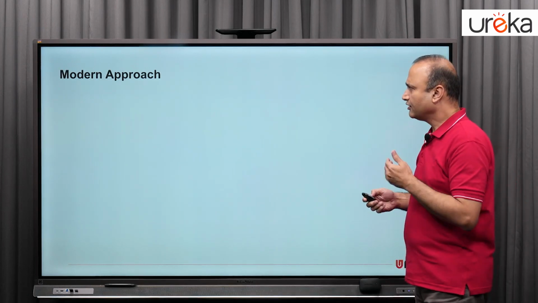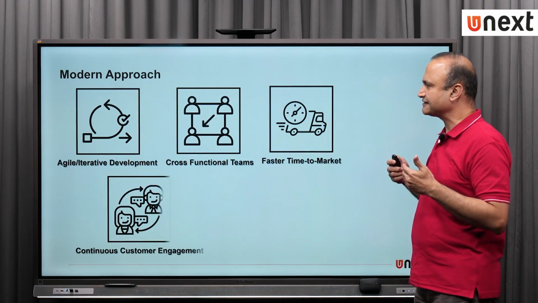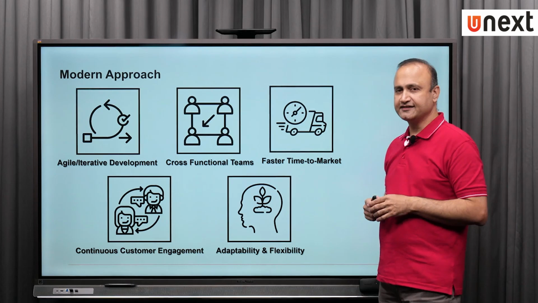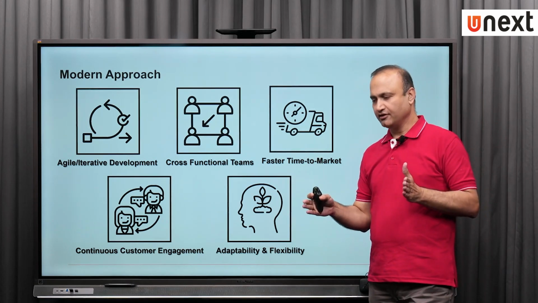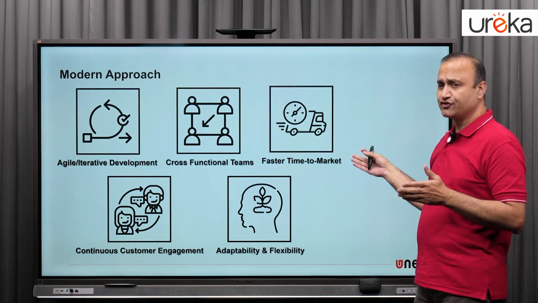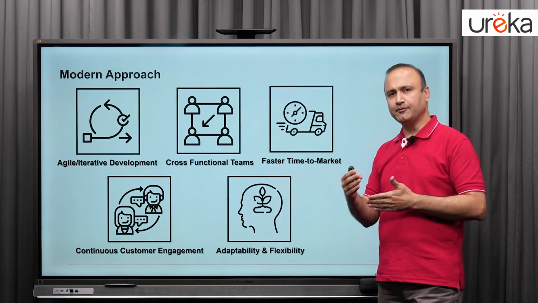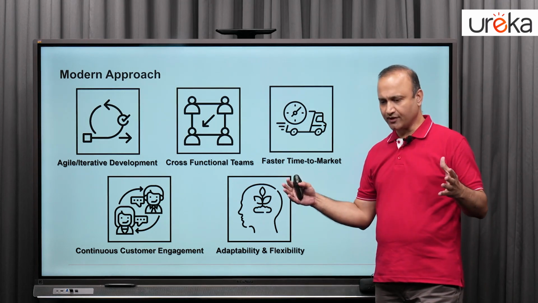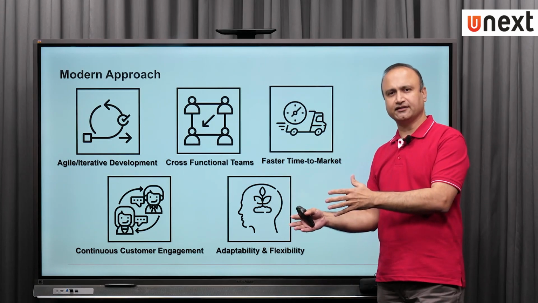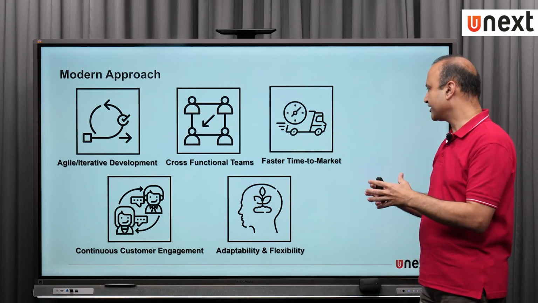So let's look at the modern approach. What is different? The modern approach embraces agile iterative development. Now, one of the benefits of this is it really cuts short the time from concept to market. It allows for cross-functional team collaboration. As we saw, the iterative approach really brings in teams from different disciplines together to be able to understand, empathize with the end users of the product and bring in the innovation.